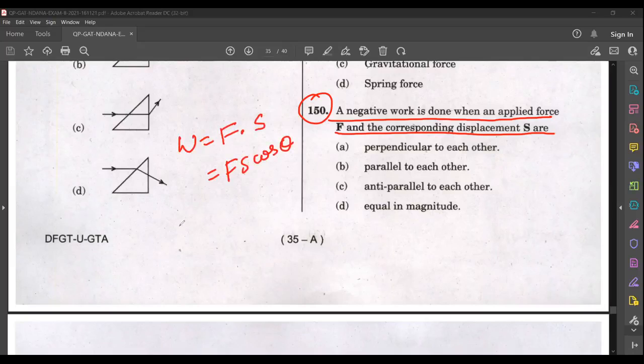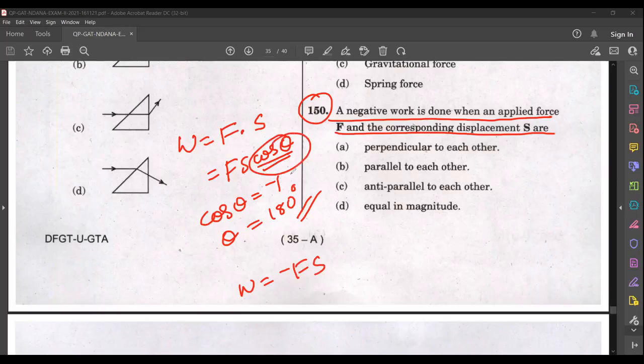When cos theta is equal to -1, that is when theta is equal to 180 degrees, we get W equal to minus Fs. So force and displacement have an angle of 180 degrees between them.